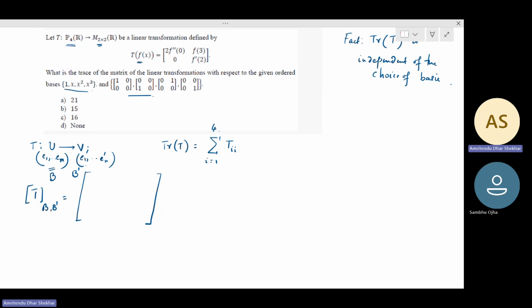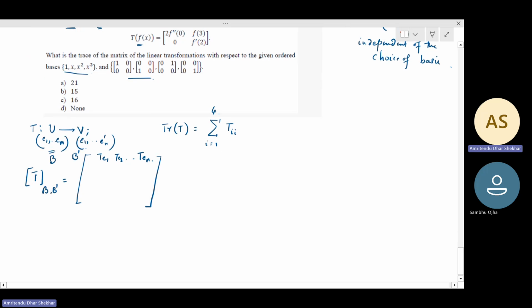You basically consider each of the elements of B. So you write TE1, TE2 up to TEM. Now you write each of these with respect to the basis E1 prime up to En prime.